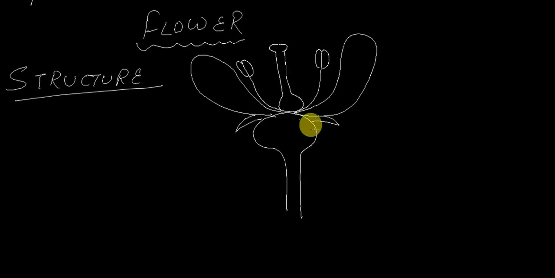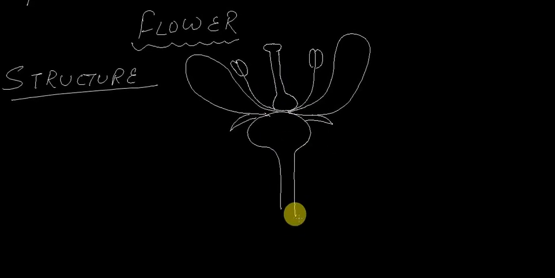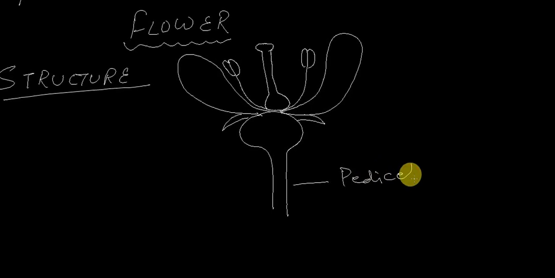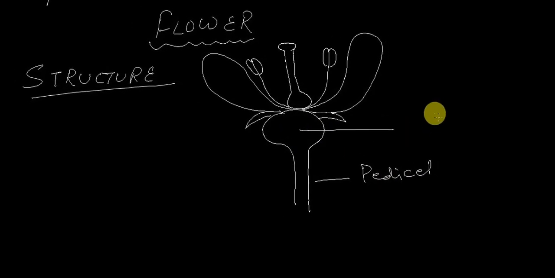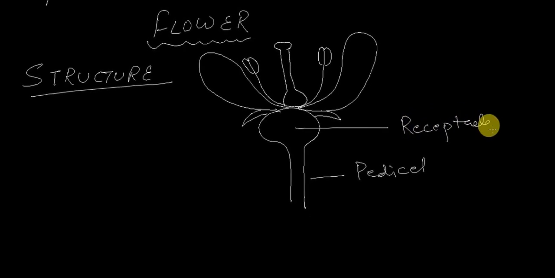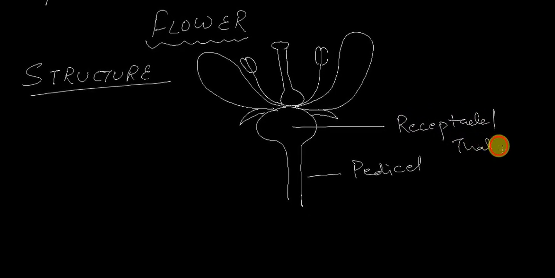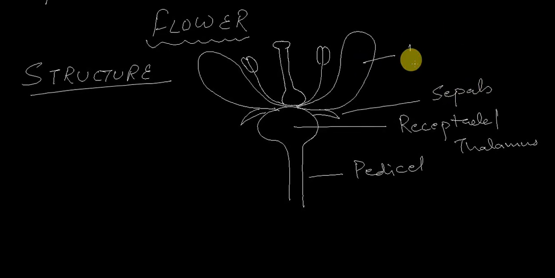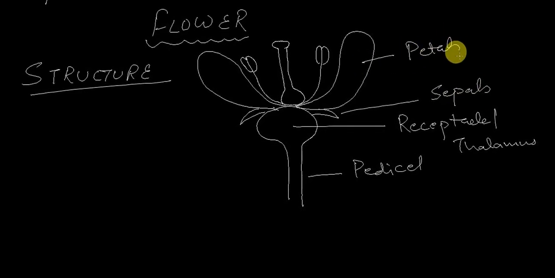In this, what do you need to know? This is the base of the flower. The stalk of the flower is called the pedicel. The apex of this pedicel is called the receptacle or thalamus, the tip of the pedicel. Then over here we have the sepals and petals.